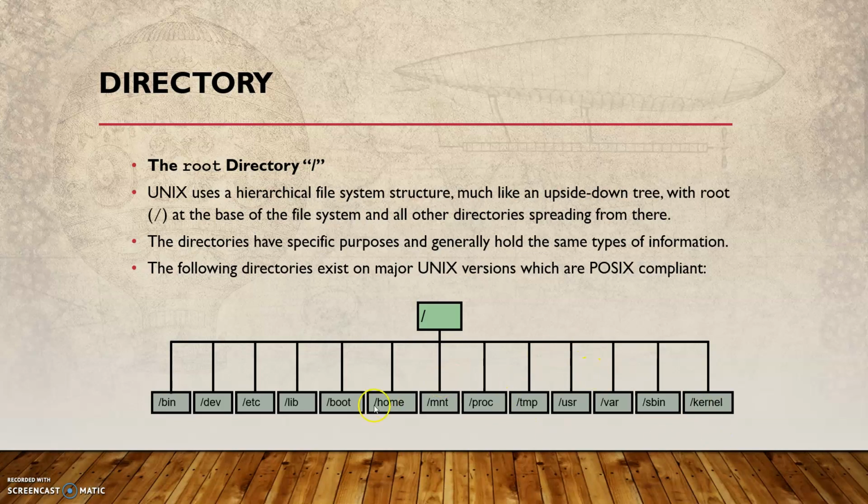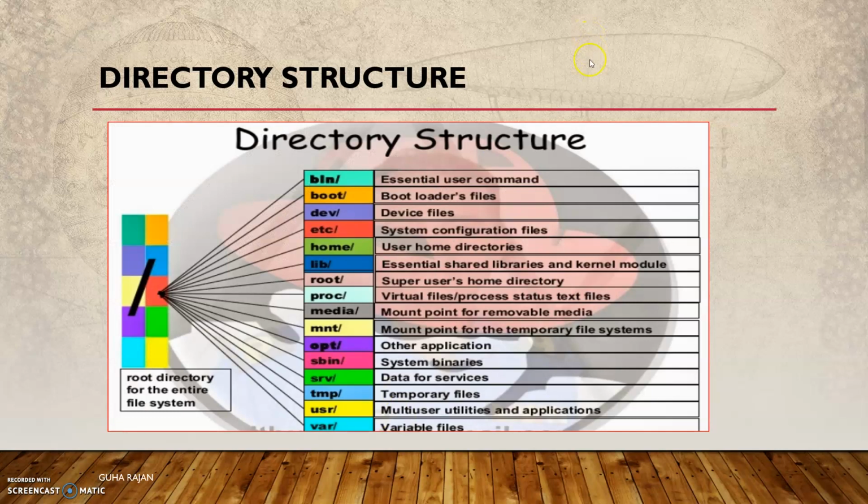So generally, as a developer, what you use is the home directory. Underneath the home you'll have different user directories based on the users' requirements. If you look at it, bin has essential commands, boot is for the bootloader files.